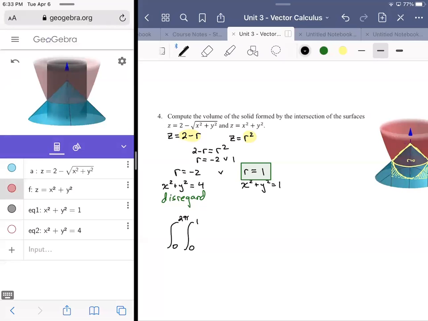Because based on the profile view, the upward facing function looks like a parabola. That's the z equals r squared. Based on that same profile view, the one that looks more linear is the cone, because really what's happening is you're taking a single line and spinning it around the z-axis. That's where you get your cone from.